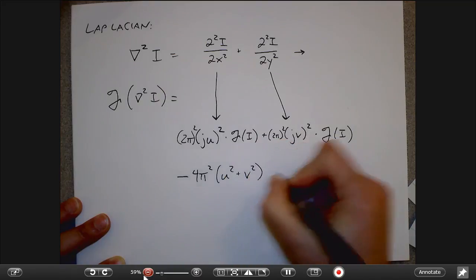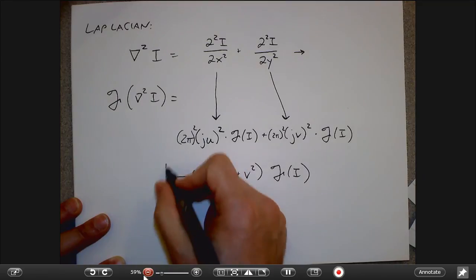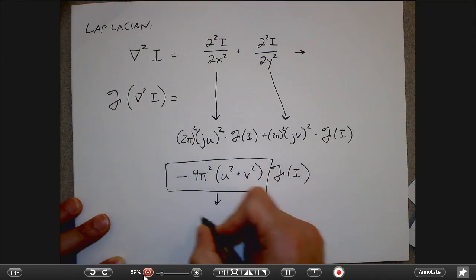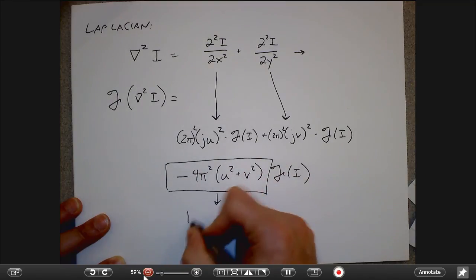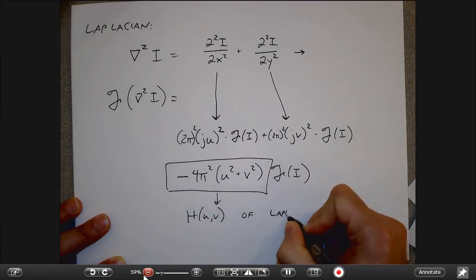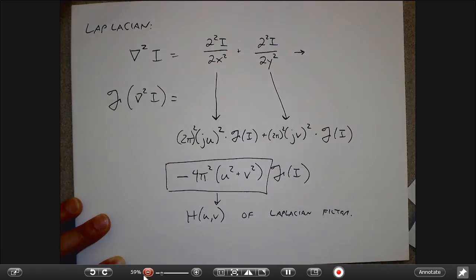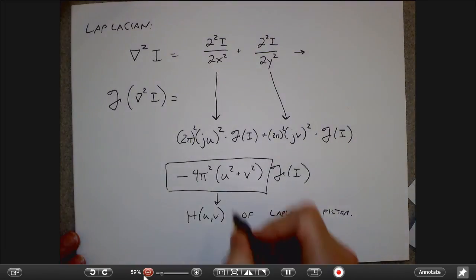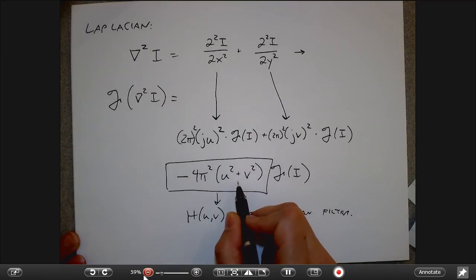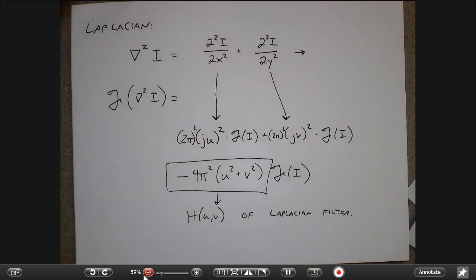Then I have a u squared plus v squared times the Fourier transform of I, right? So what this is telling me is that this is basically the frequency domain version of the Laplacian filter. And so again, that's something that is 0 in the middle of the frequency domain and gets bigger like a quadratic as I go outside from 0, right?